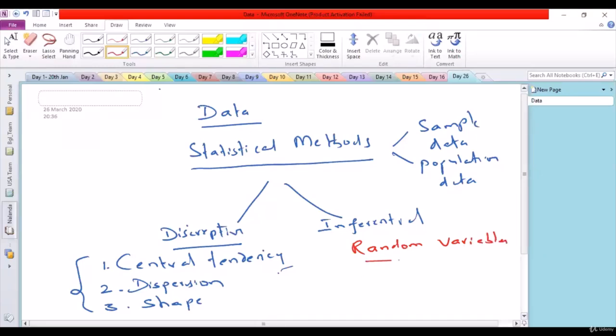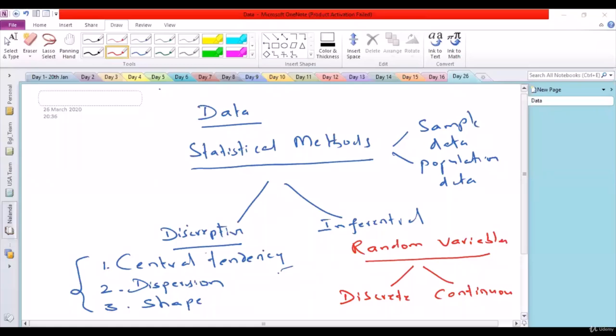Okay. When we talk about random variables, there are two types of random variables. One is discrete random variable. Another one is continuous. Okay.